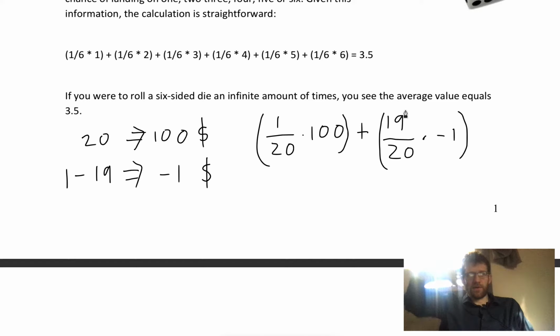So what is 1/20th of 100? You said I didn't have to do math. We'll say 100 divided by 20 is 5, right? And then we're going to add that to what is 19/20ths of negative 1. That's negative 19/20ths.